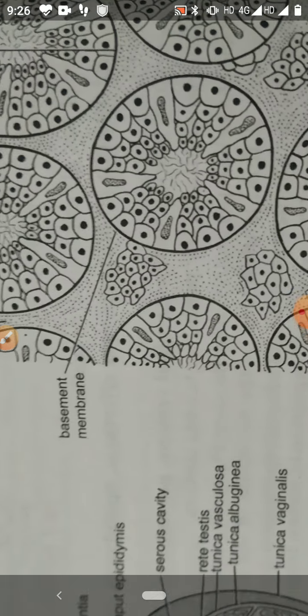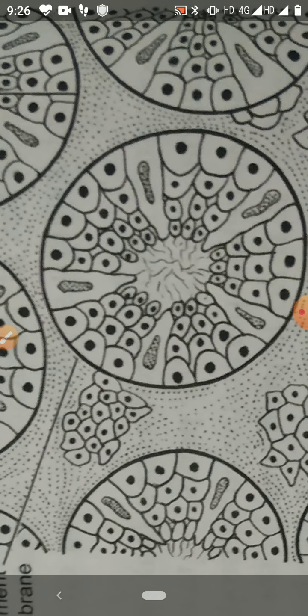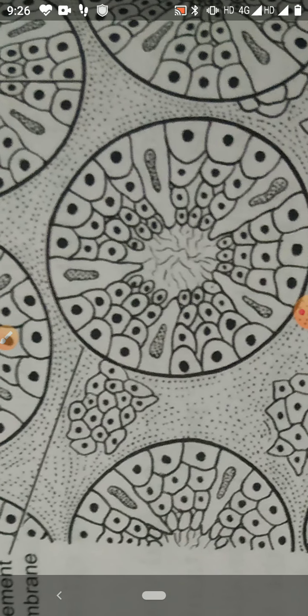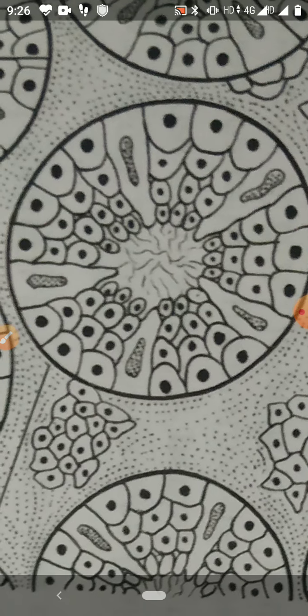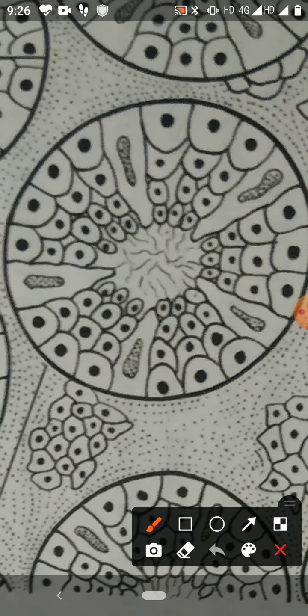Here you can see the internal structure of the seminiferous tubule. These are the spermatogonia, that is also germinal epithelium, and this large cell is the Sertoli cell, or nurse cell.